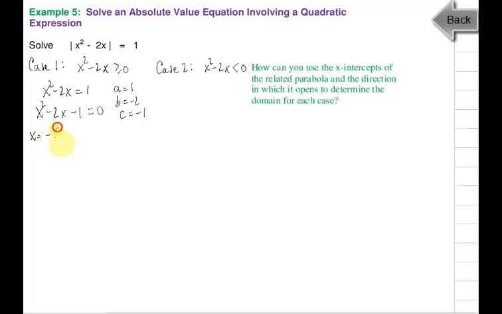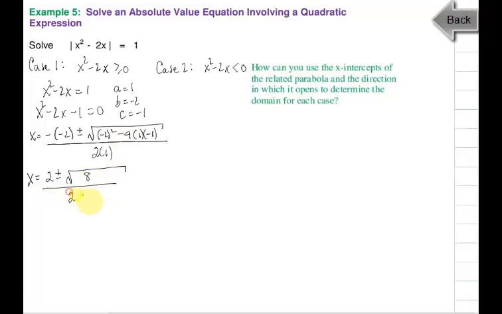X is equal to negative B, so negative times negative 2, plus and minus the square root of b squared minus 4 times a, which is 1, times c, which is negative 1, divided by 2 times 1. So we get that negative 2 is positive 2, plus and minus, when we simplify what's inside the radical sign, the square root of 8, all over 2. All right, we want to simplify the square root of 8.